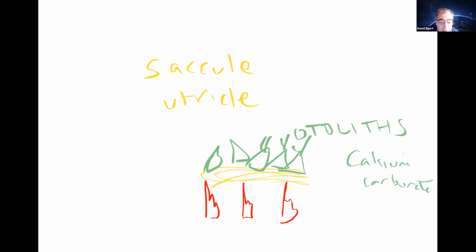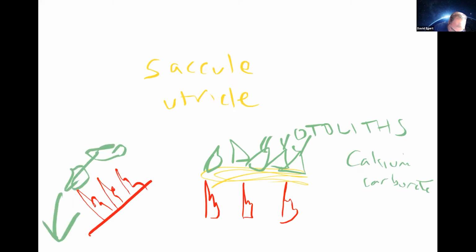And like I said, when you tilt your head, that is going to change the direction of gravity on those stones, which is then going to create a bending on these hair bundles, which is then going to send an electrical message to your brain that the orientation of gravity with respect to your head is now this instead of that.